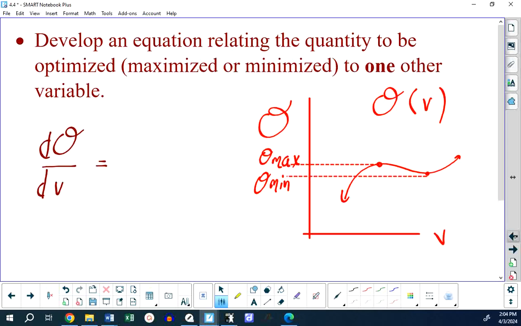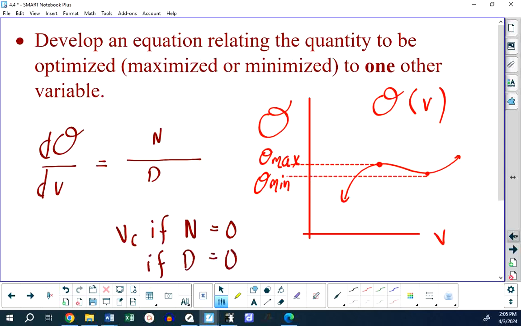I had mentioned to you yesterday near the end of the class, I believe, that values of V are critical if the numerator is equal to 0, and also they're critical if the denominator is equal to 0. You get my abbreviated notation here of what I'm talking about.